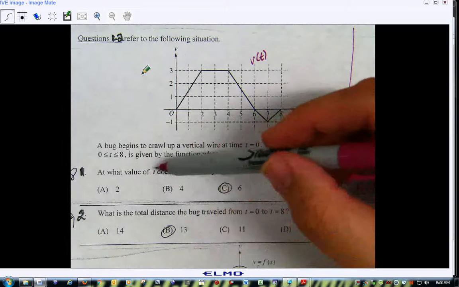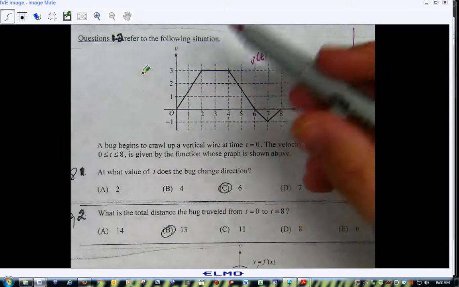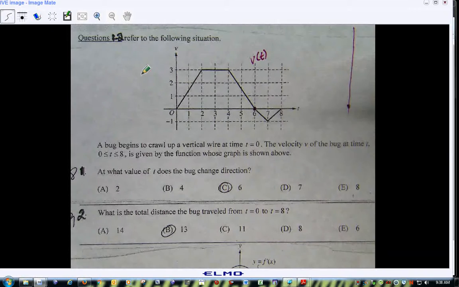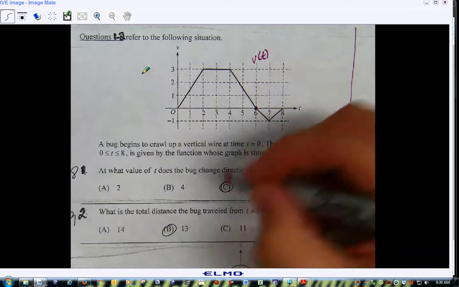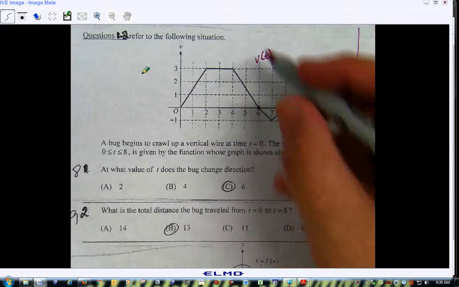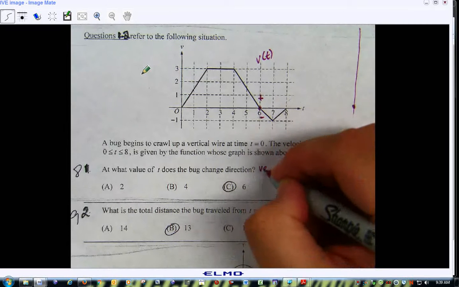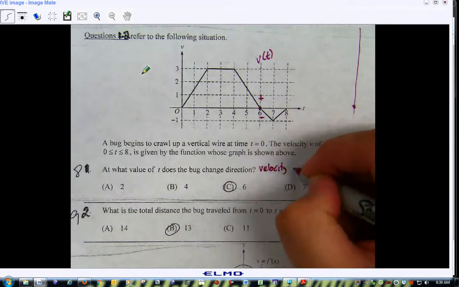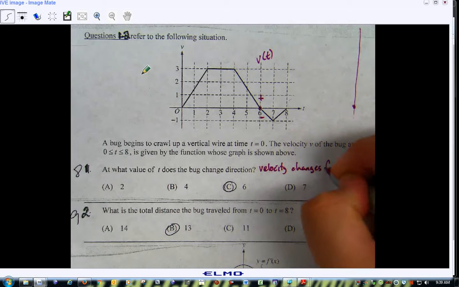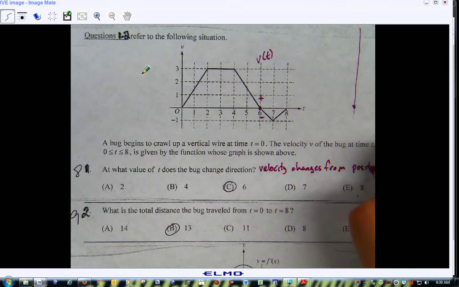At what value of t does the bug change direction? The answer to this one is 6, because velocity changes from positive to negative at 6.